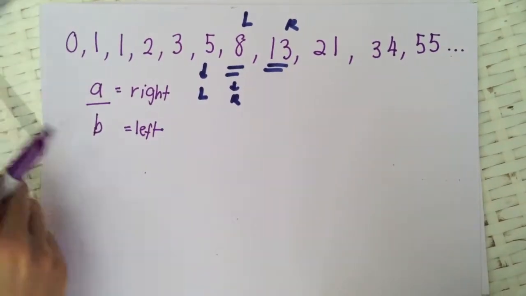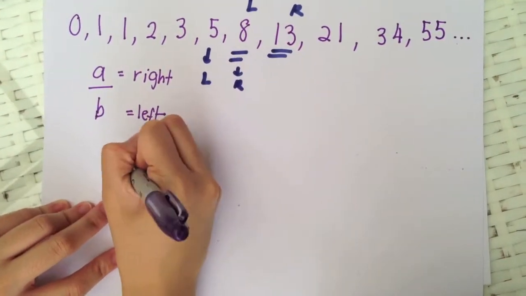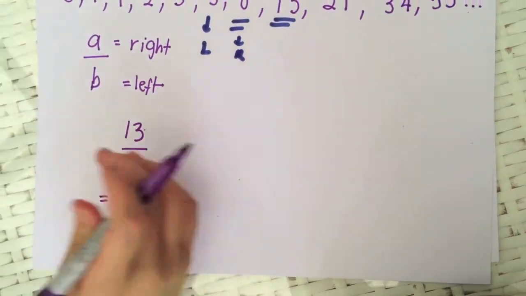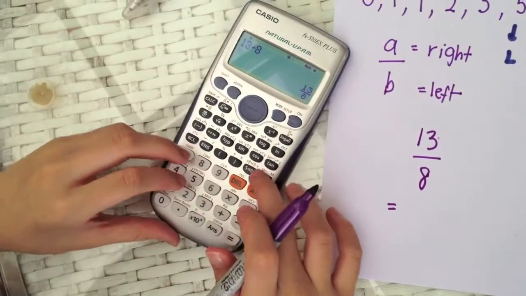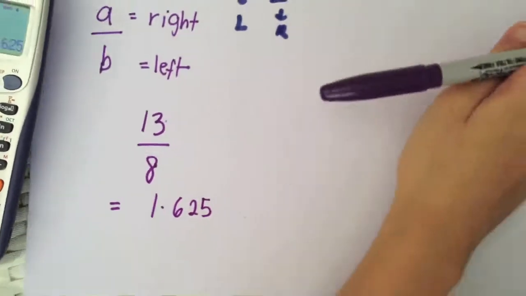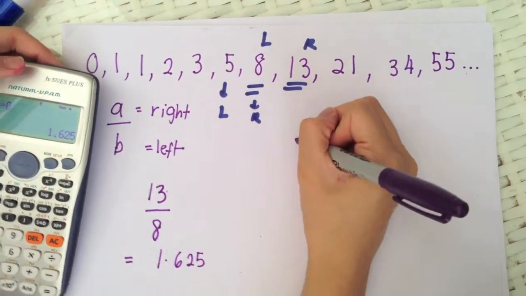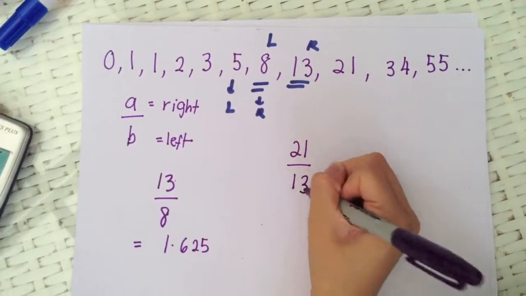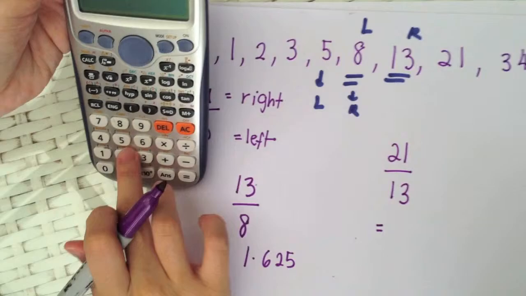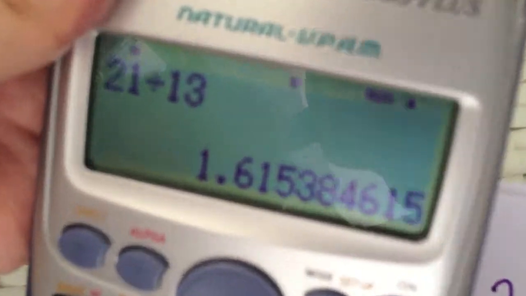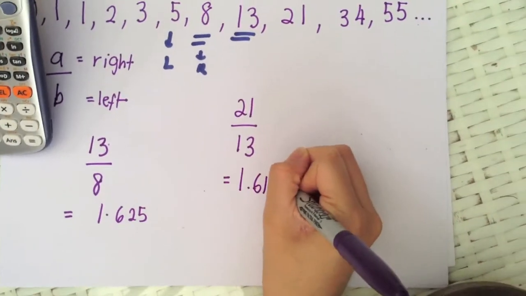Okay, let's take 13 over 8 as an example. 13 over 8 is 1.625. Let's take another example, 21 over 13. That gives you 1.615.